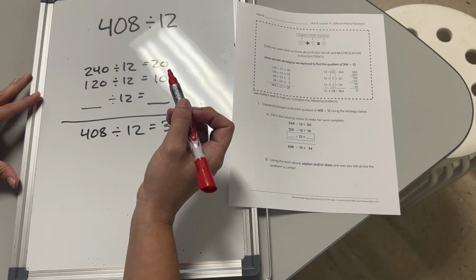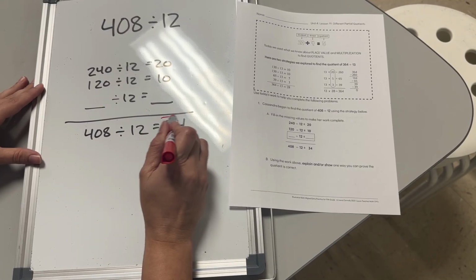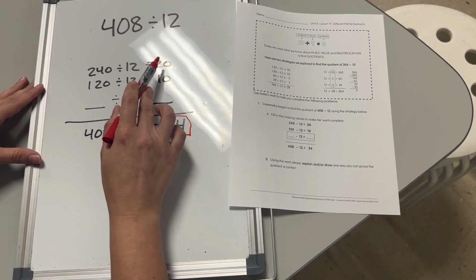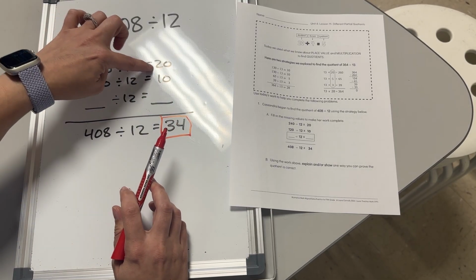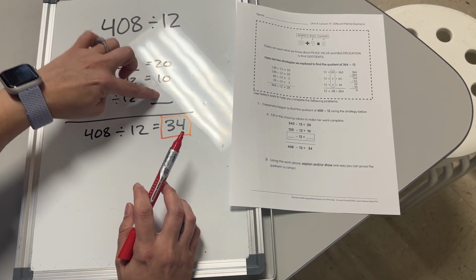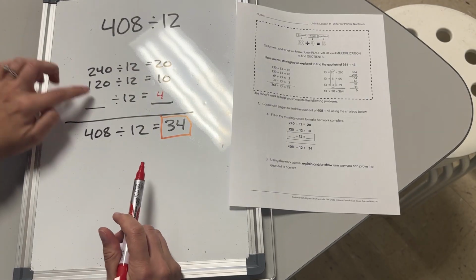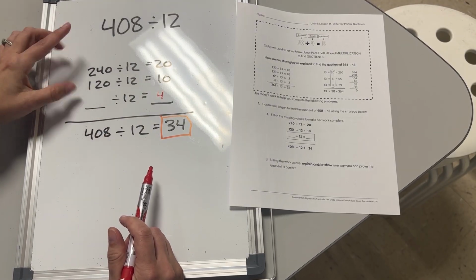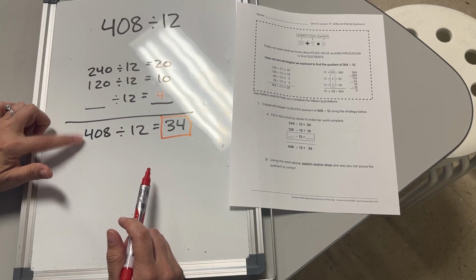So in order to figure out what's missing here, there's a couple different things that I could do. I know that the final sum, when she adds these together, is going to be 34. So that means I have 20, I have 10 for 30. That means this has to be 4. But I can go ahead and check to see if that's right by now looking at this side. These numbers added together are going to have to equal 408.